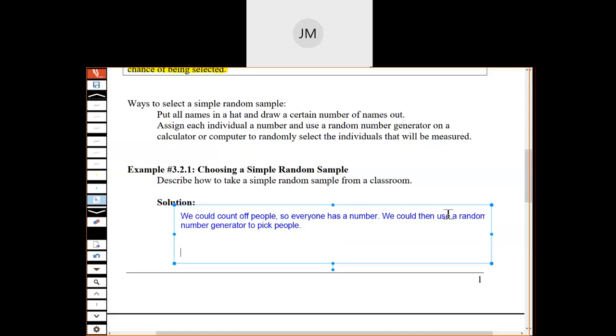Here's another way that we could pick randomly from students in a classroom. Maybe I could say, let's pick every third person, going in order of the desks or tables.